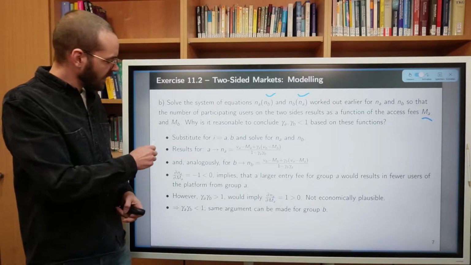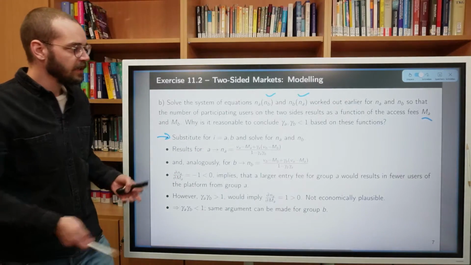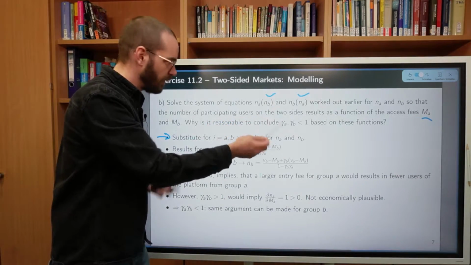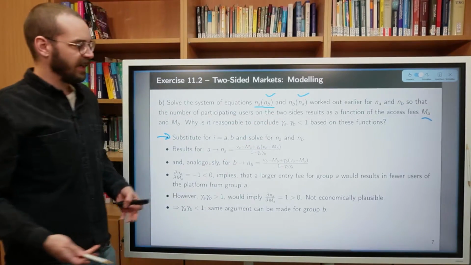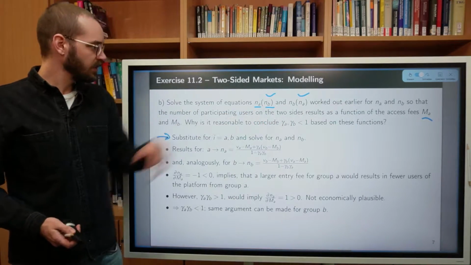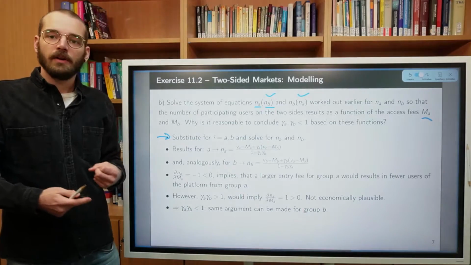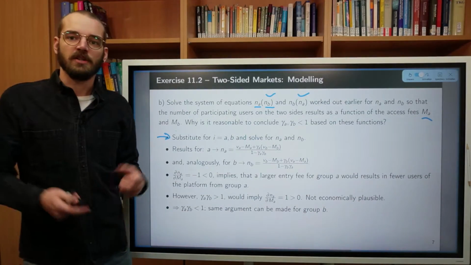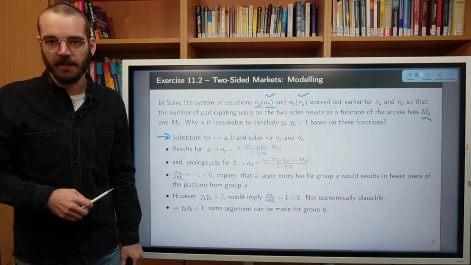So, as promised, we are simply substituting Na for Nb. One way would be to plug Na of Nb into Nb of Na, simply substituting Na with the expression that we derived earlier. After that, we are rearranging this expression so that the only n in the expression is on one side of the equation.